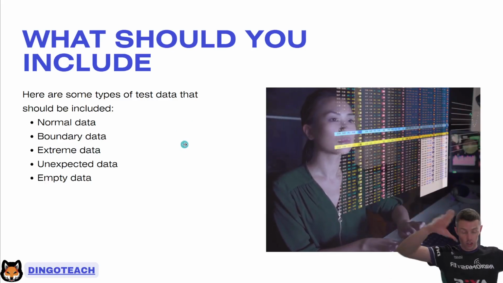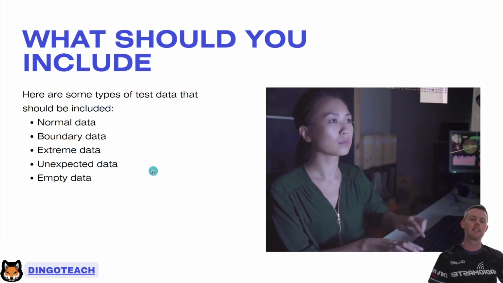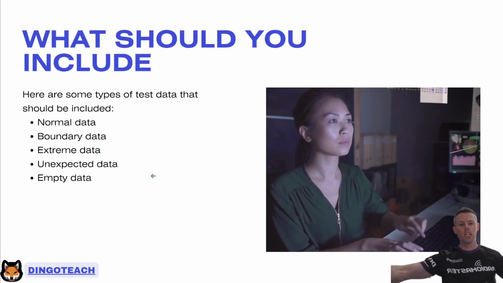Extreme is how it sounds, gigantic values, long values, huge values, that kind of stuff. Unexpected data. Give me what year you were born in, dog, okay? Be worried. And also empty data. What happens if they type in nothing? All right, so these are the types of data that you need to include in your test data tables.